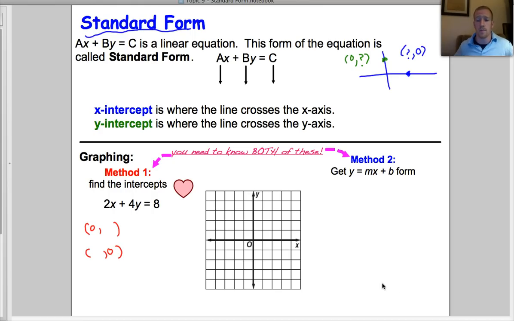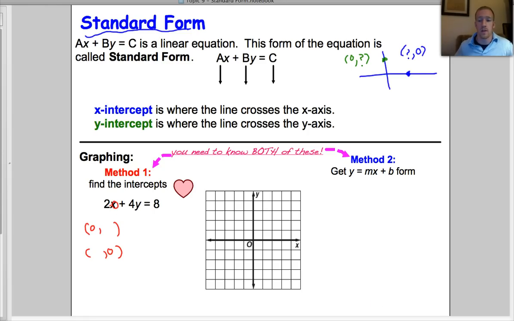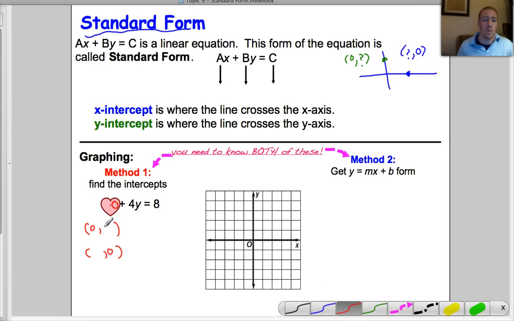If I'm plugging a 0 in for x here, 2 times 0 is just 0, so really I'm just solving the equation 4y equals 8. So if 4y equals 8, then y has to be 2.